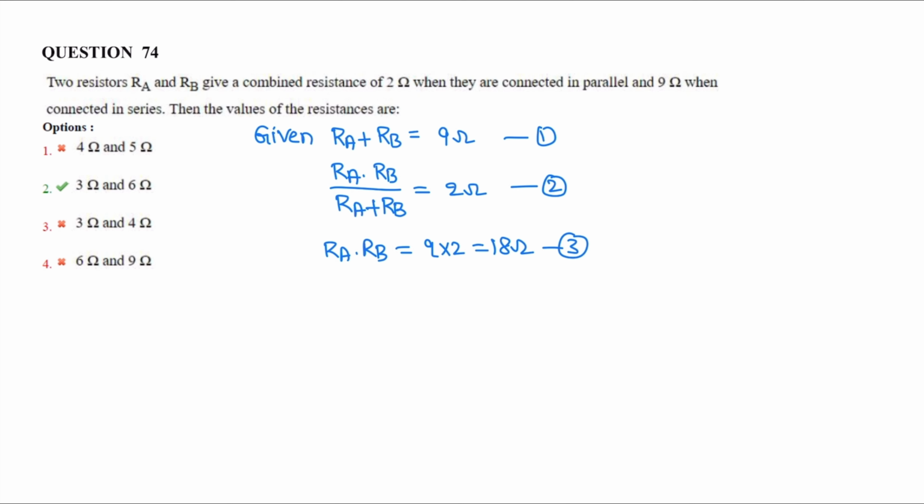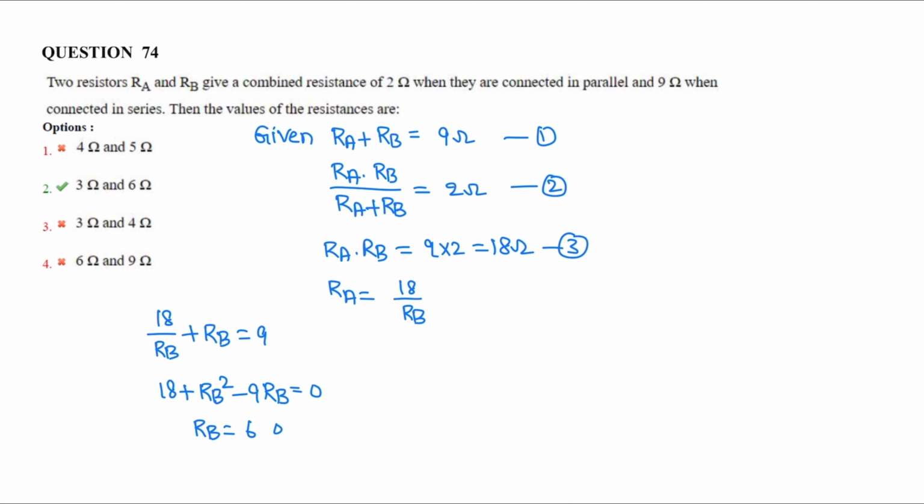We know that from equation 3, RA is 18 by RB. Substitute this in equation 1: 18 by RB plus RB is equal to 9, so RB square minus 9 RB plus 18 is 0. On calculation we will get RB is 6 ohms or 3 ohms.